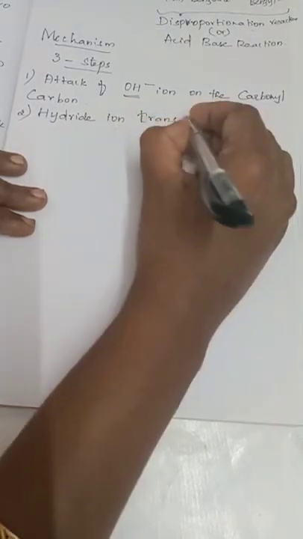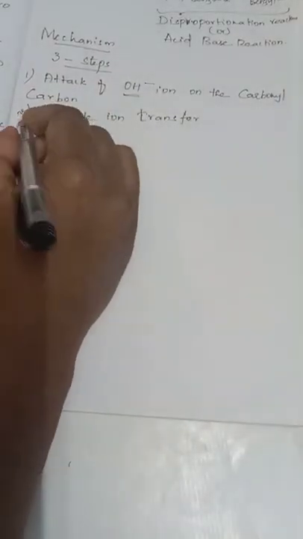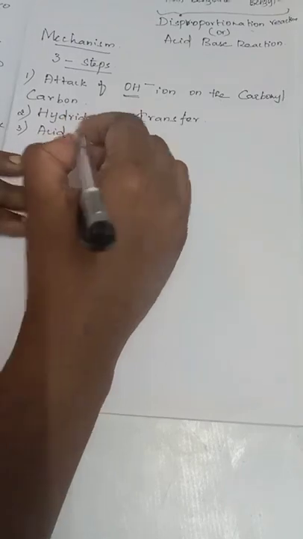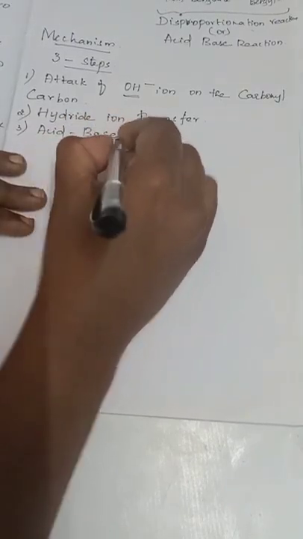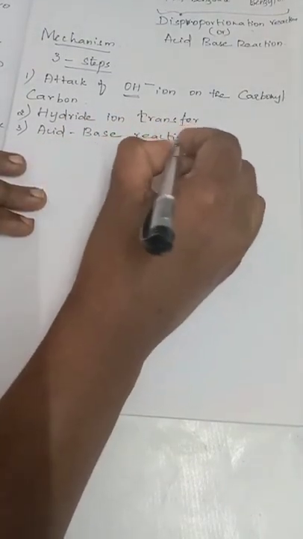Then the second step, hydride ion transfer takes place. Then the third step, acid-base reaction occurs. So these are the 3 steps of the Cannizzaro mechanism.